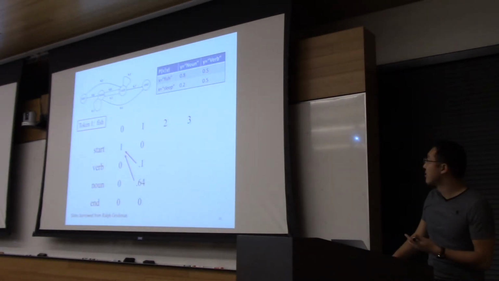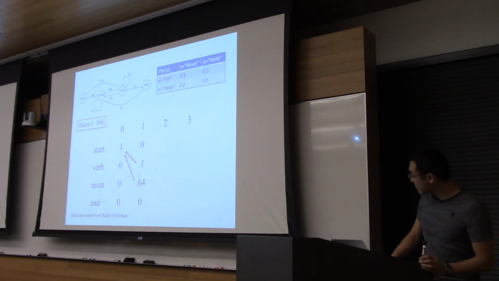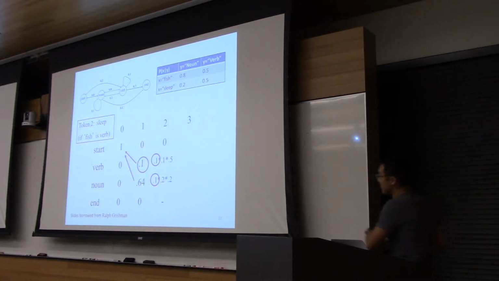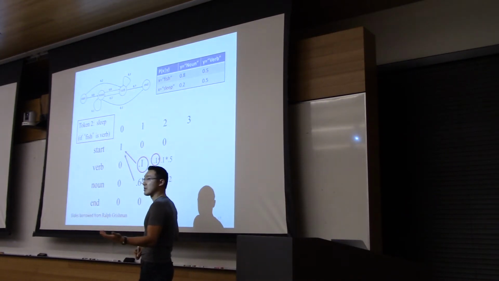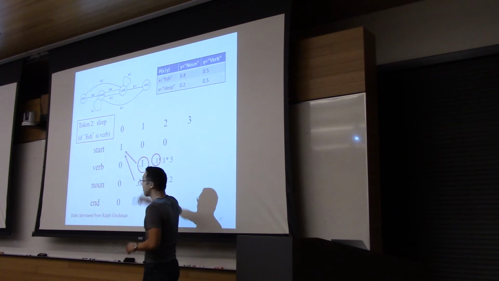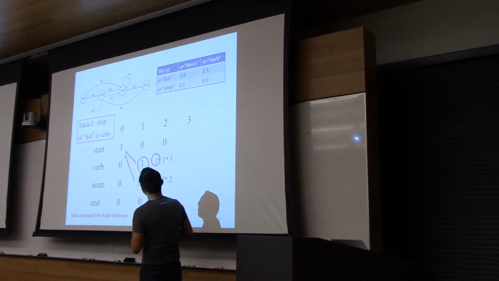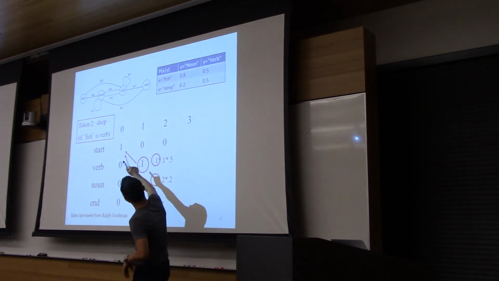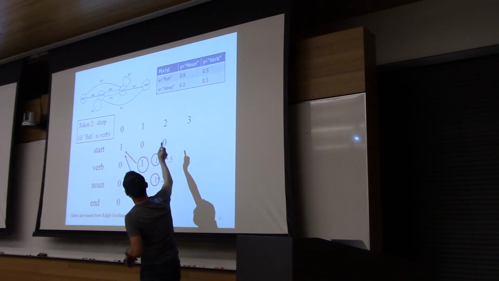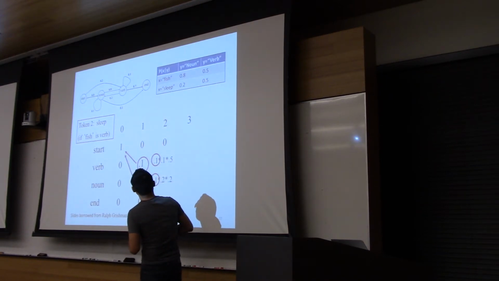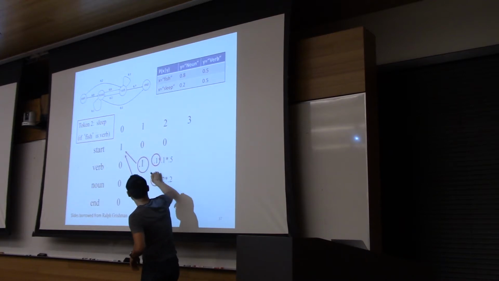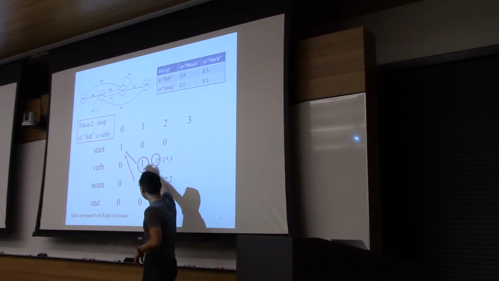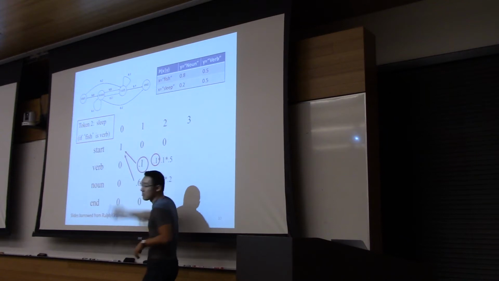We store the probabilities. And the inductive step happens when we look at the best length 2 prefix subsequences that end in verb or noun, and the second word is sleep. So if fish was a verb, how would that impact computing these 2? And if fish was a noun, how would that impact computing these 2?